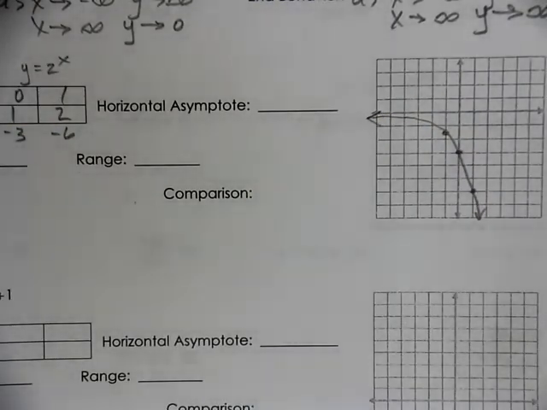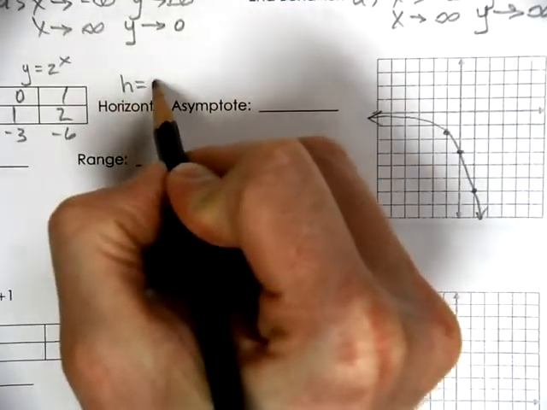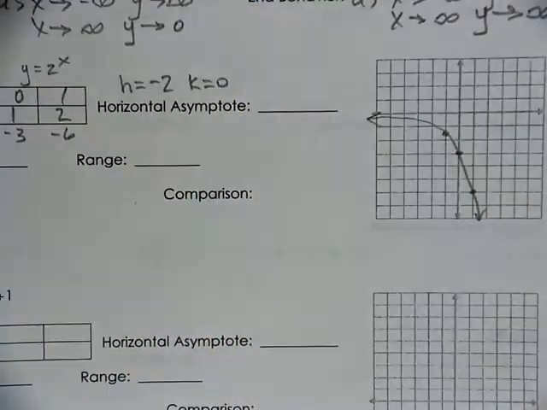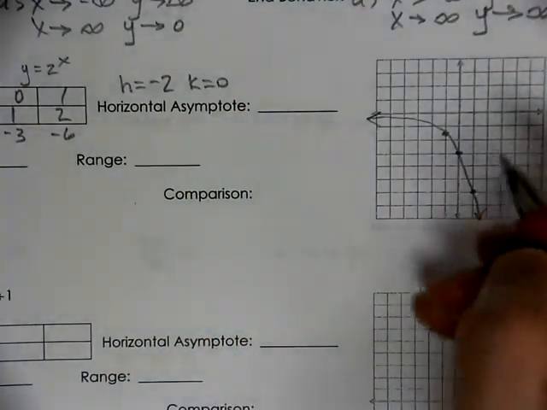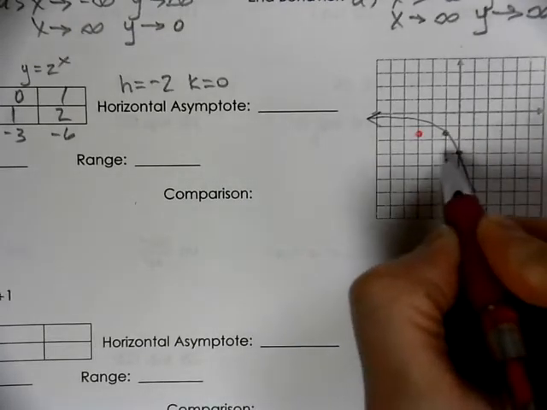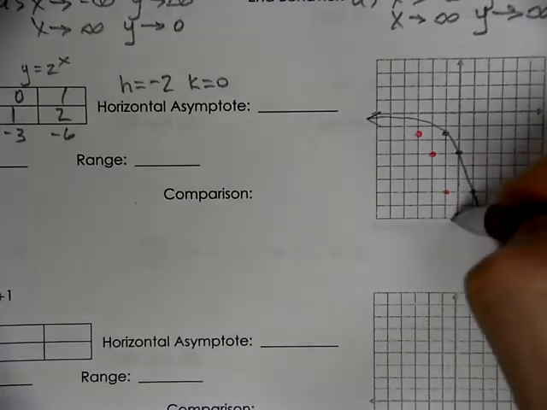Then we're going to translate this. We're going to slide this over as an h value of -2 and a k value of 0. So we're just going to go to the left 2. So 1, 2, 1, 2, 1, 2.